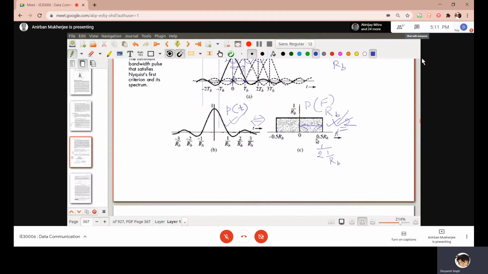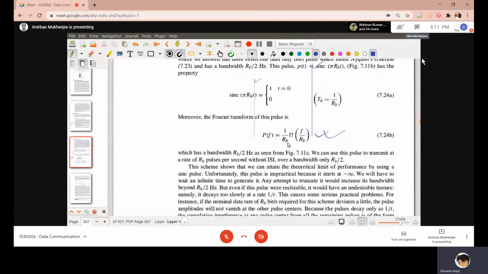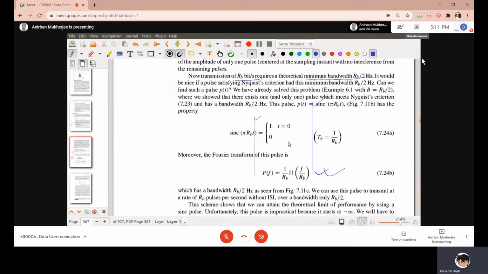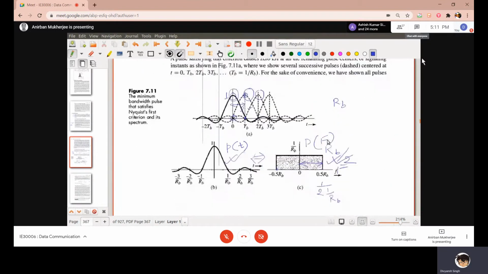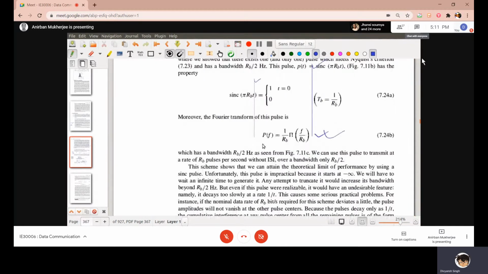The width of the pulse is RB, so we write it as pi of f by RB. RB is the width, and the strength is 1 by RB. Why is the strength 1 by RB? Because this area should be 1. As the width is RB, the height should be 1 by RB. Then only the area will be 1. So you have this.